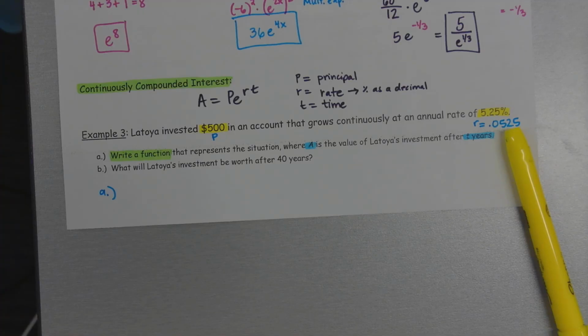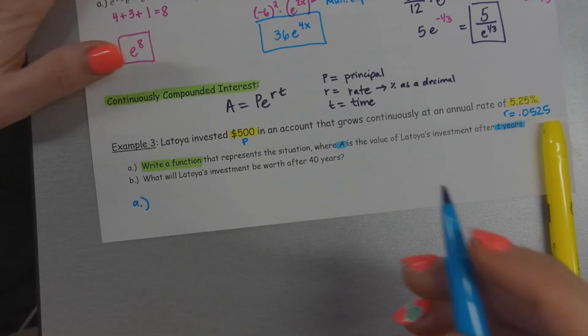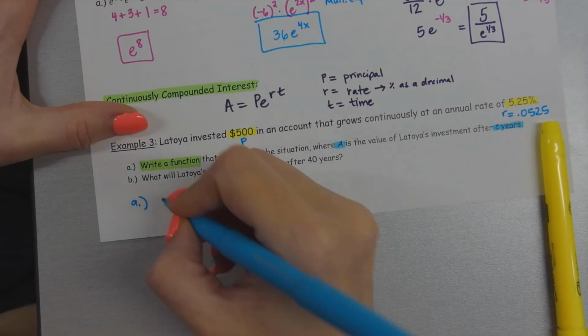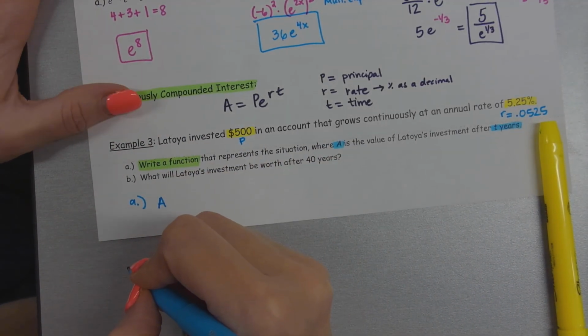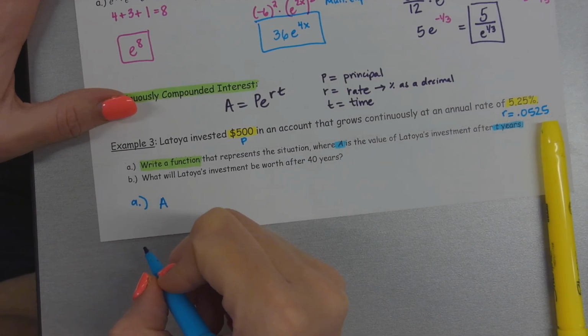So based on those values that you have, we're going to write a function for part A. Okay, and then Elliot, will you tell me what you got for that one? No, for A. No, you wrote A equals, right?